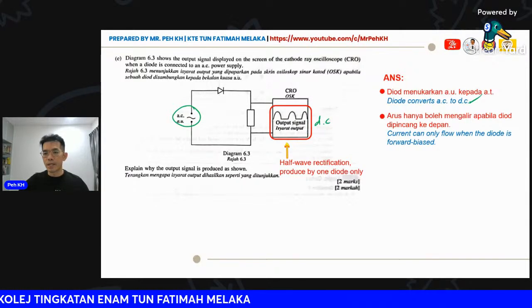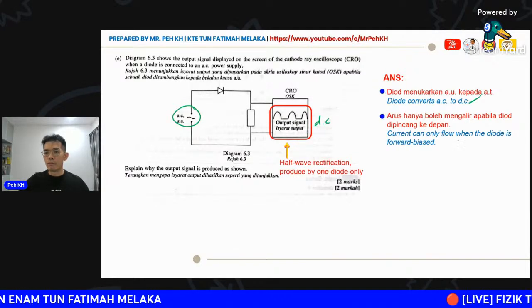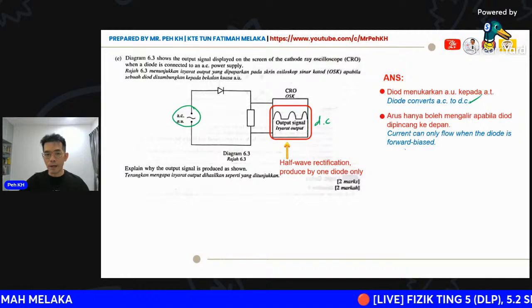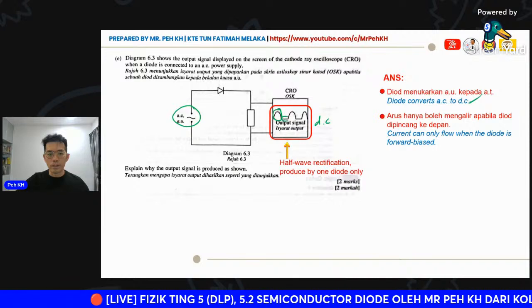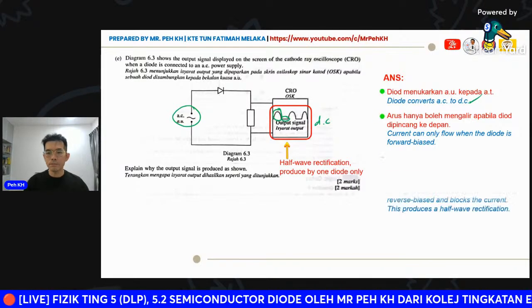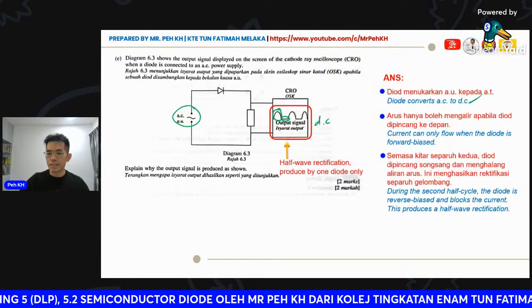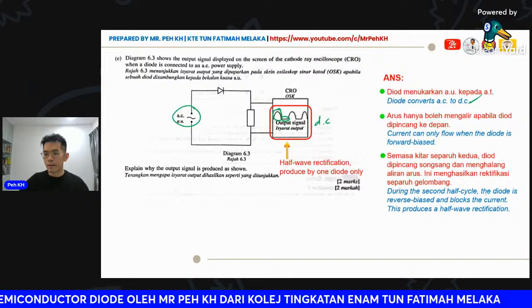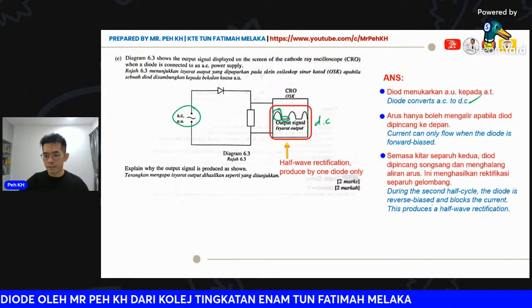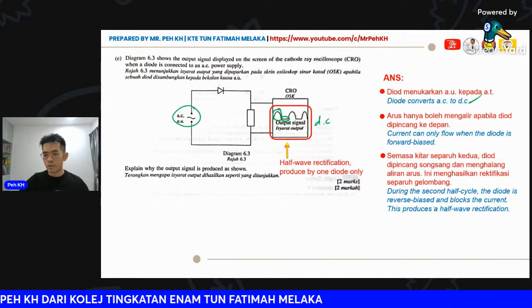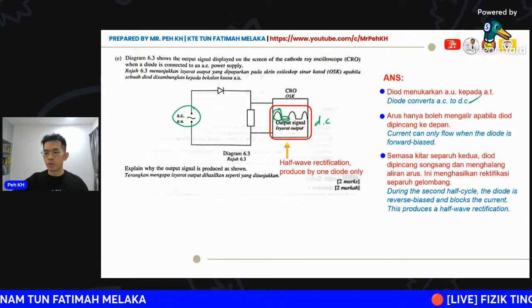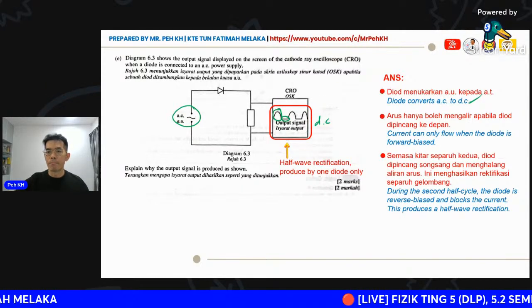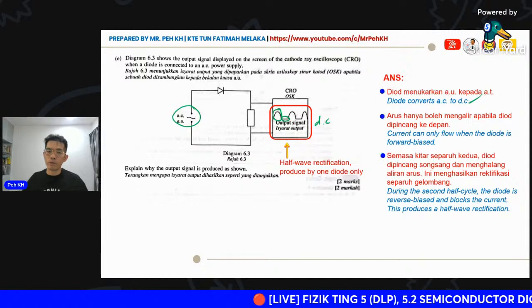Second, current can only flow when the diode is in forward bias. Forward bias will be here, then here will be showing reverse bias. During the second half cycle, the diode is reverse biased and blocks the current, so we produce half wave rectification. This will be the reference answer for this question.